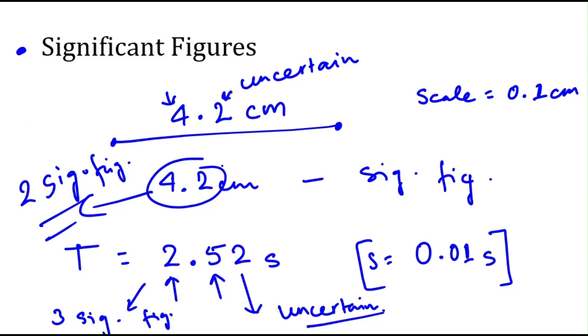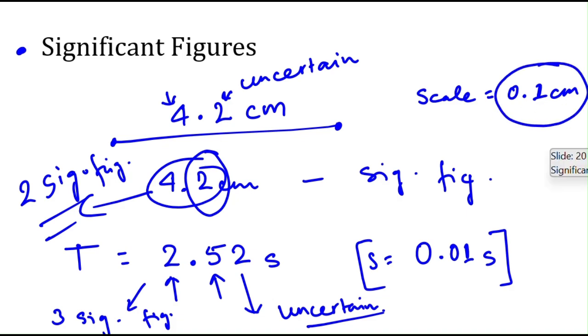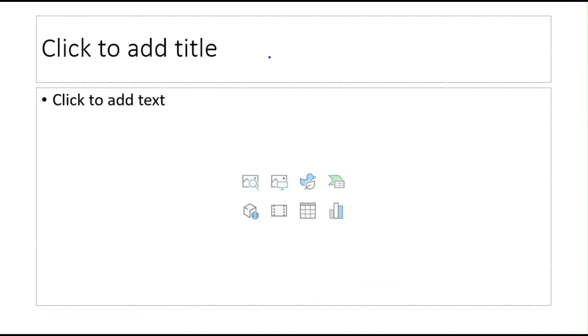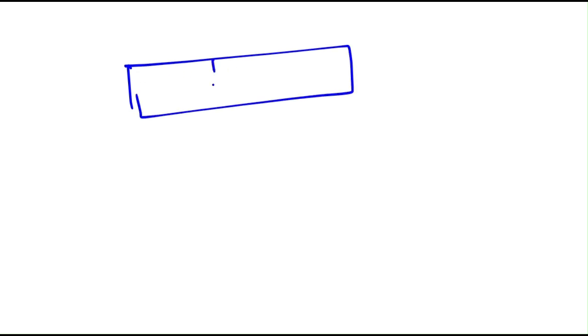Now, why am I saying that this digit is uncertain? There is a reason behind it. If we are using a scale of 0.1 centimeter, let's say you are using a ruler, and here you have 4 centimeter, and then 4.1, 4.2, 4.3, 4.4, 4.5, and further, let's say, 5 centimeter marked here.